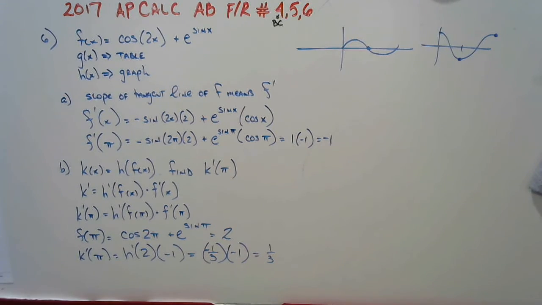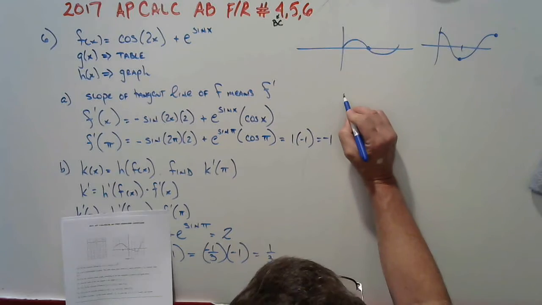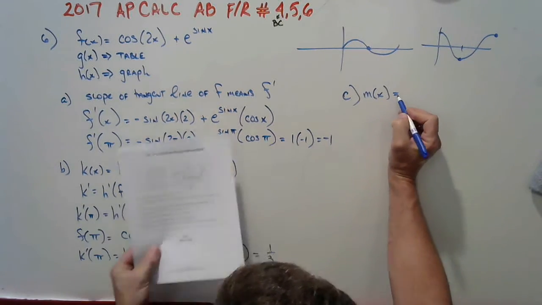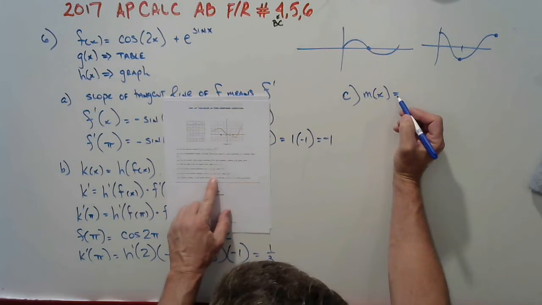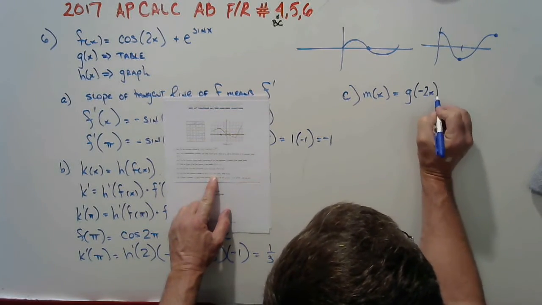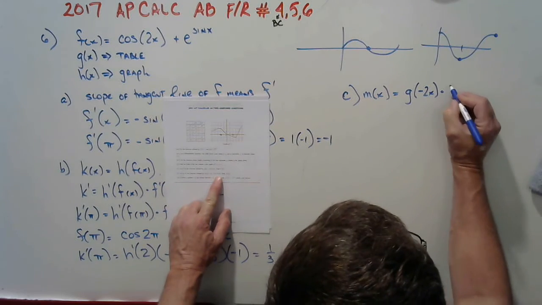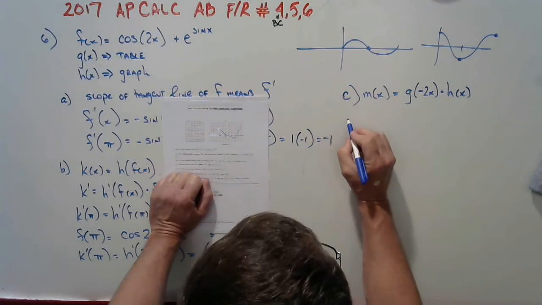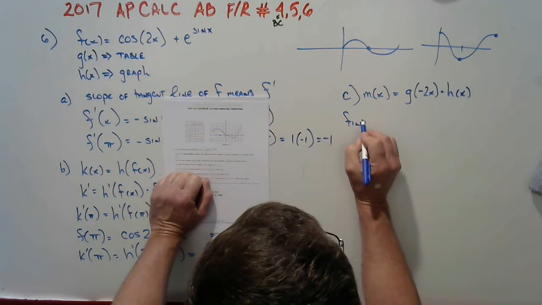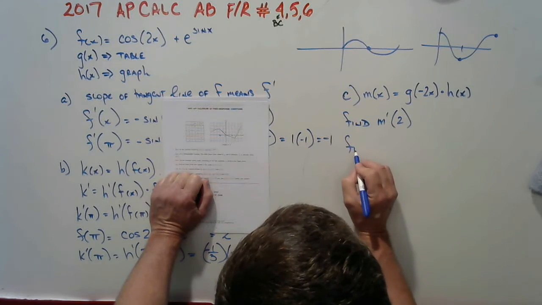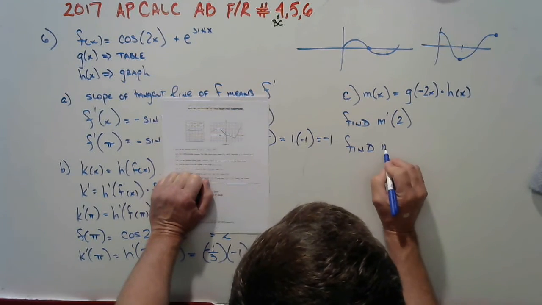Now part C says, let m, oh my goodness, so now we get another function. Part C, m of x is equal to g of -2x times h of x. And they want us to find m prime at 2. So we have to find m prime.